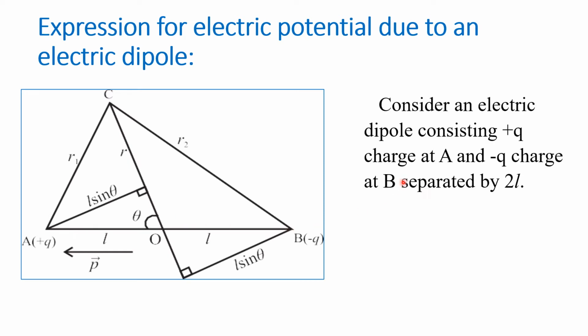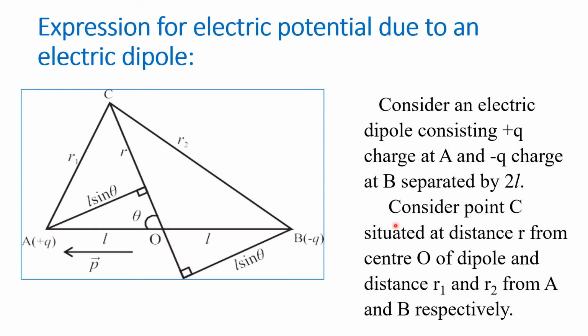Consider an electric dipole consisting of a positive charge at A and a negative charge at B separated by distance twice L. From A up to O the distance is L, and from O to B again the distance is L. So the total distance from A to B is twice L. Consider a point C which is situated at a distance R from the center O. So OC is equal to R, and the distances R1 from A and R2 from B are shown in the figure.